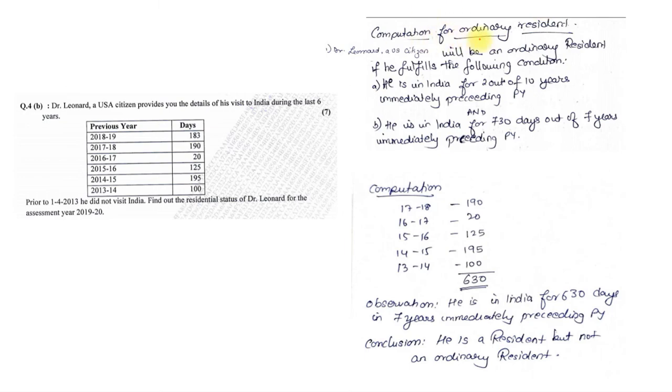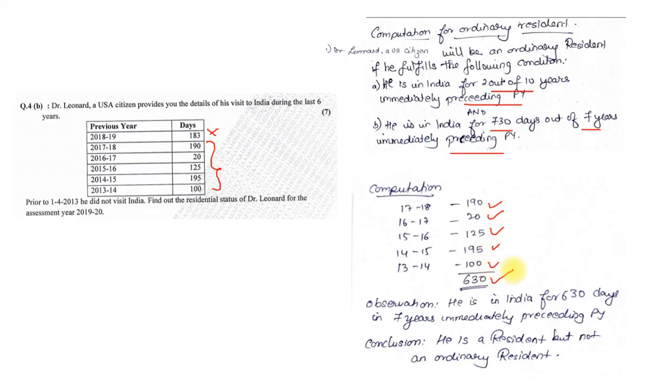So, computation for ordinary resident. Dr. Leonard, a US citizen, will be an ordinary resident if he fulfills the following conditions. He is in India for 2 out of 10 years immediately preceding the previous year, or he is in India for 730 days out of 7 years immediately preceding the previous year. So we won't consider 2018-19. We'll go in reverse. In reverse, 5 years of data is given: 190 plus 20 plus 125, 195 and 100.